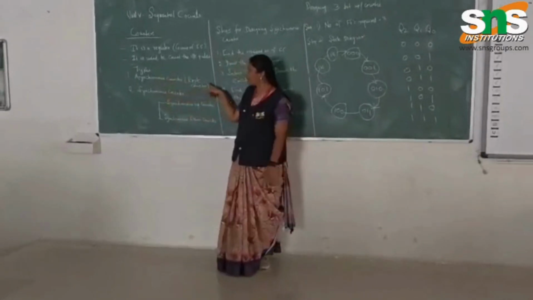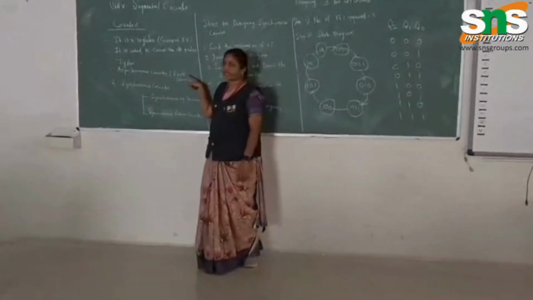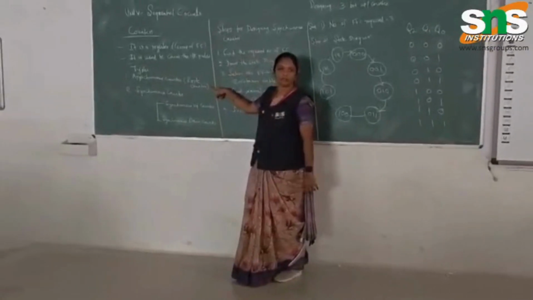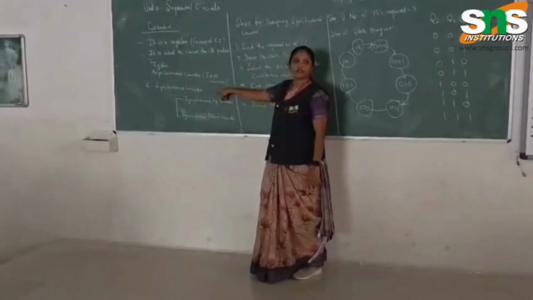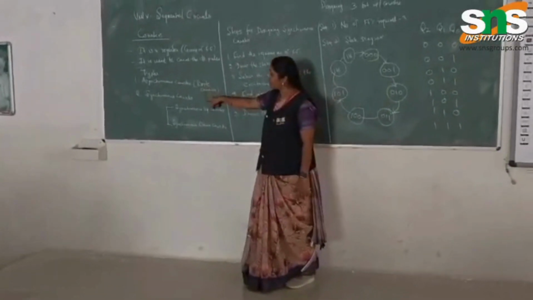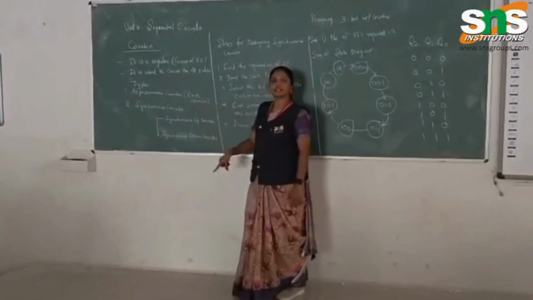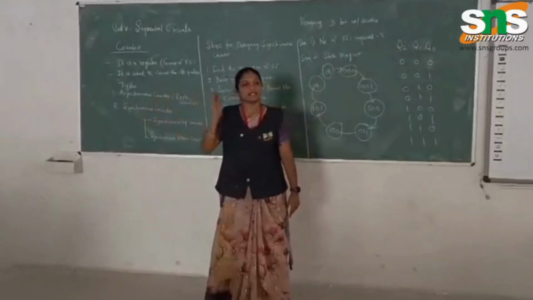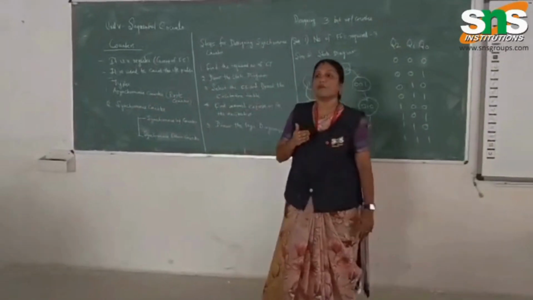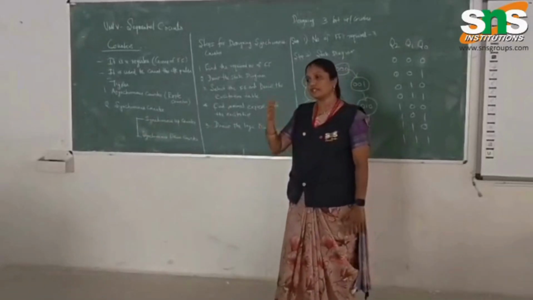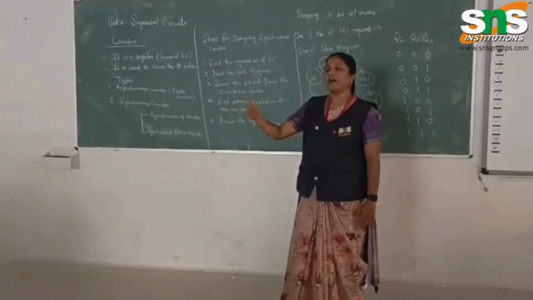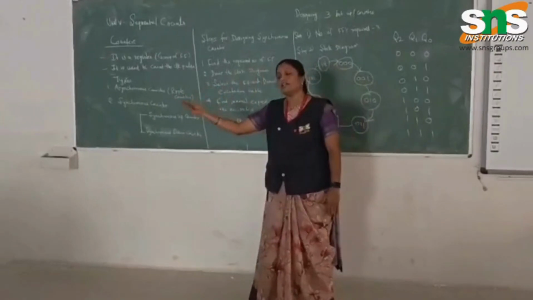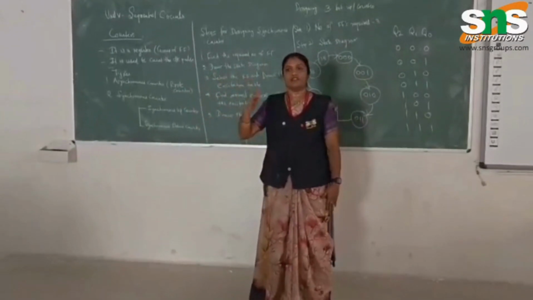There are two types of counters: asynchronous counter, otherwise called ripple counter, and synchronous counter. There is a difference between them. In an asynchronous counter, the clock pulse is given to the first stage of flip-flop and the other stages are triggered by the previous stage of flip-flop.